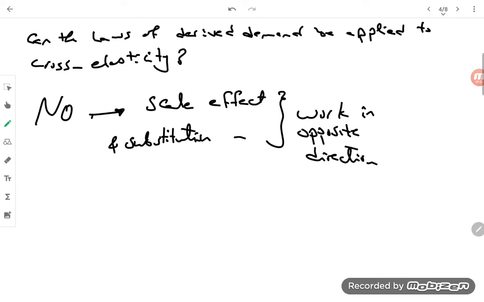So the law of derived demand or Hicks-Marshall law is applied only to the own wage elasticity. It is not going to be applied for cross wage elasticity.